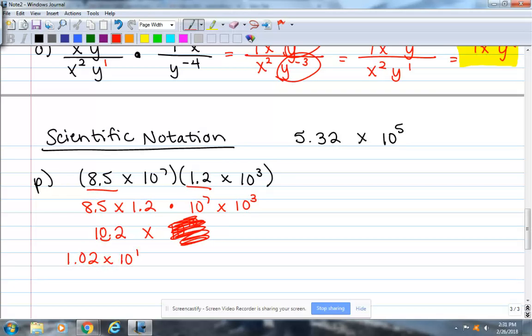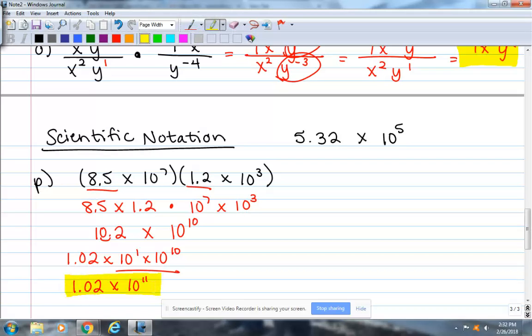Because it was bigger than 1 to start with. That's why it's a positive first power. So you fix that to be scientific. Then you bring down your 10 that you had, and then you combine your 10s again. So 1 plus 10 is what? So this answer is 1.02 times 10 to the 11th.